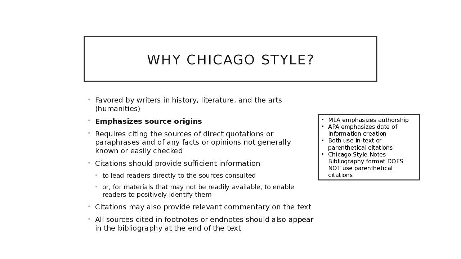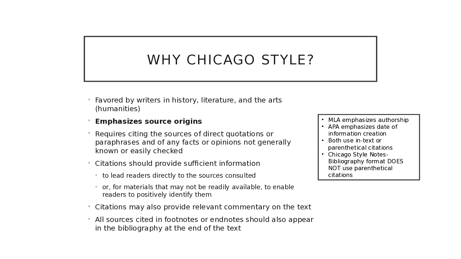As opposed to MLA citation style, which emphasizes authorship, though you may be aware that there is a form of MLA that also does use footnoting. And APA citation style emphasizes the date of information creation. What we're trying to do in Chicago style is to show the sources we're using, show their origins, and also provide sometimes additional commentary on those sources.